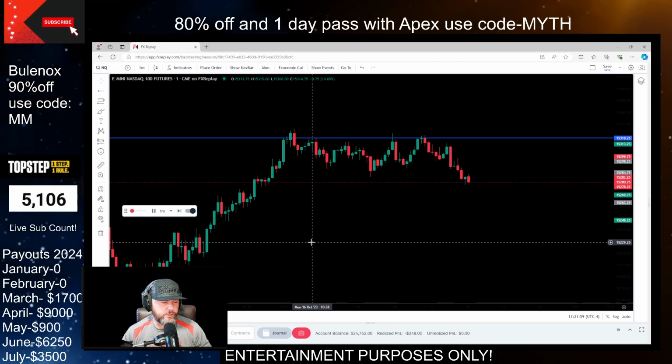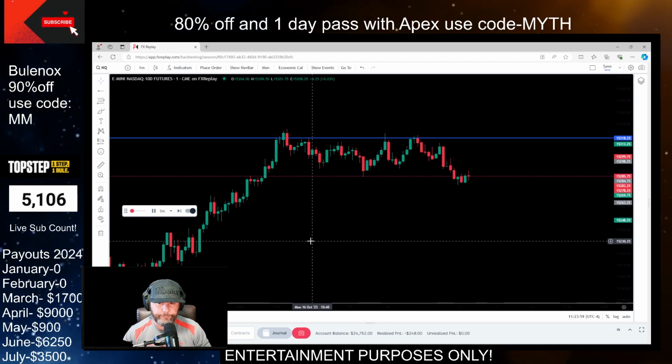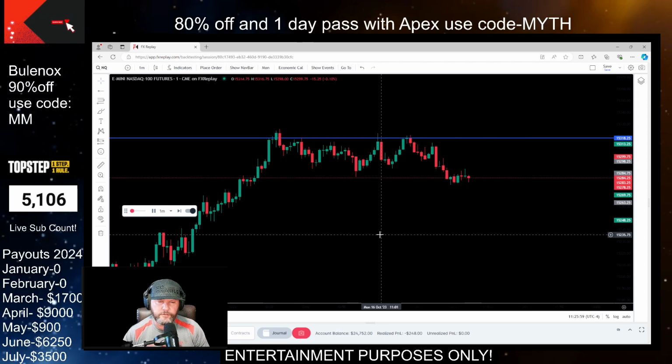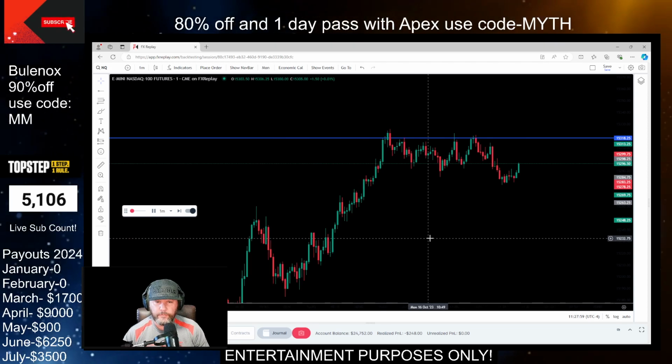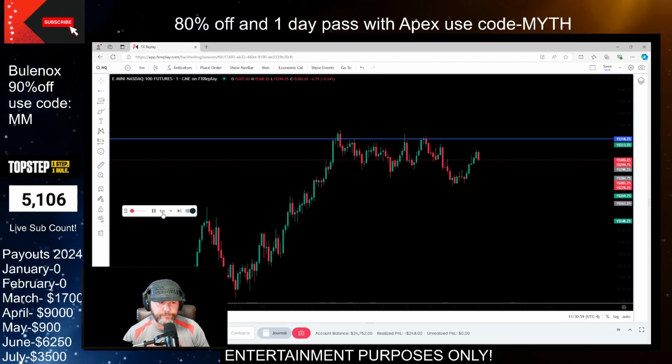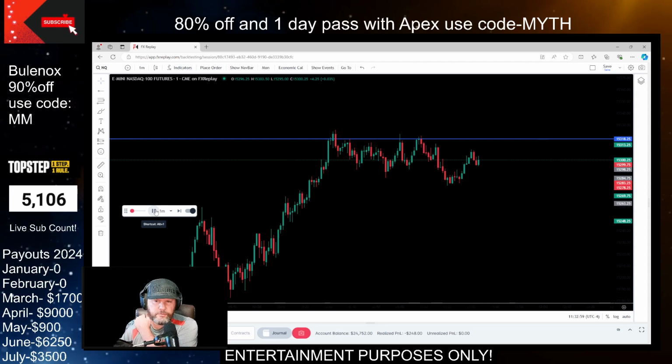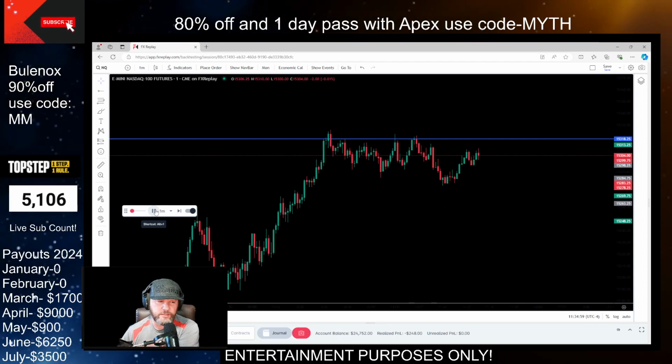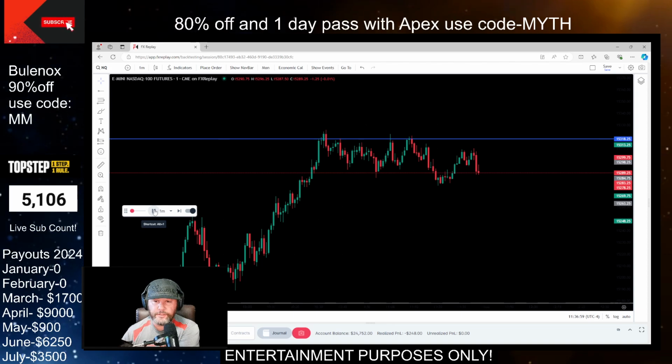So we want to get a push above here and a retest. So far, it's just been resistance, which is nice because it does mean that this area means something, right? When it keeps rejecting that area, that means it means something, but we'll see.